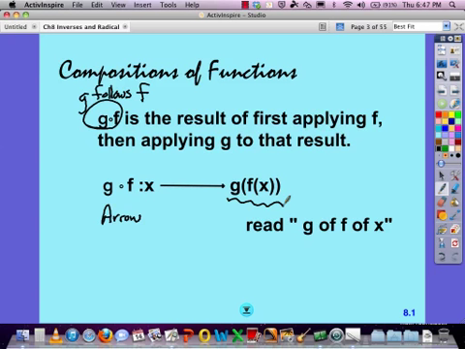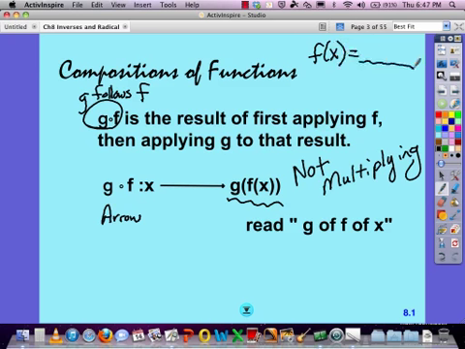Now remember, this is not multiplication. Okay, so you don't want to take x, times it by f, that answer times g. That is not what that stands for at all. Remember, in our functions, usually f of x is the name of a function, and then g of x is the name of a function.